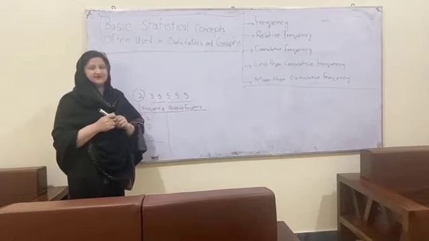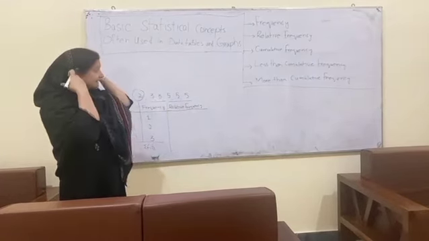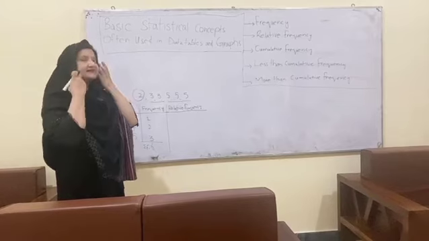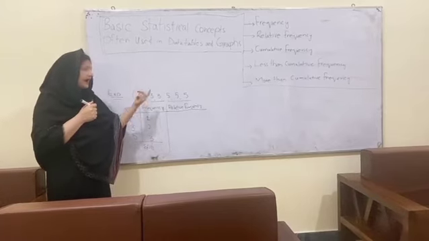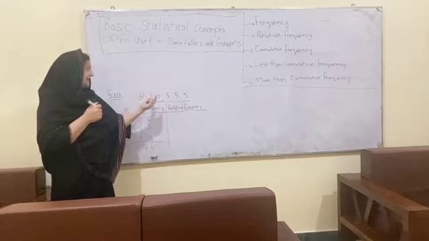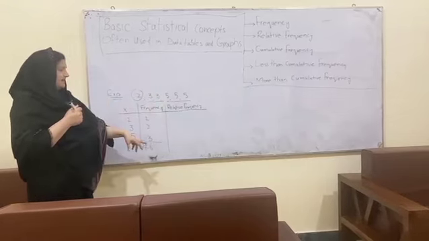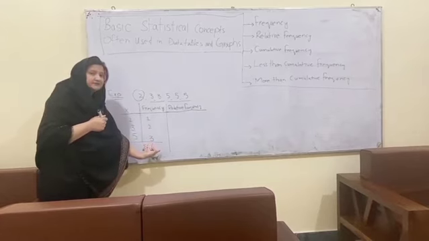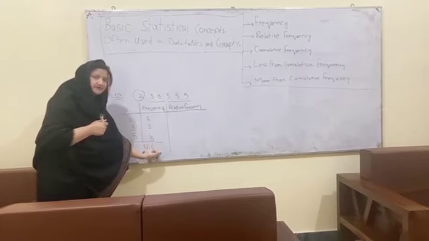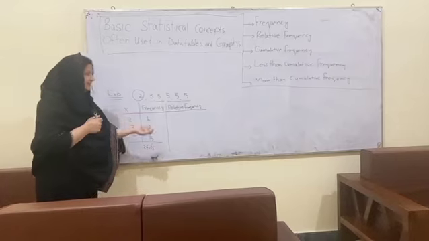Next is relative frequency. Relative frequency tells us how often a value occurs in a data set in proportion to the total observations of the data points.